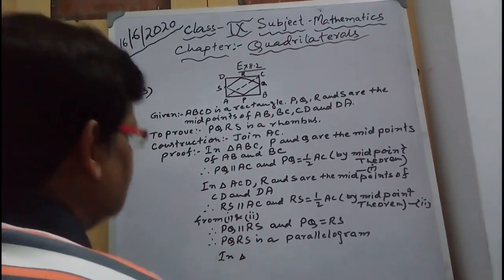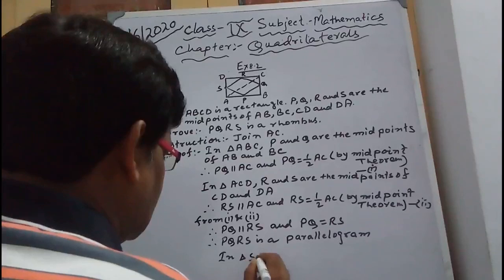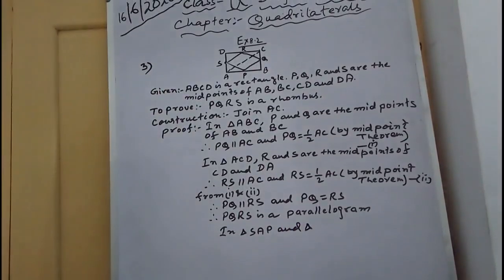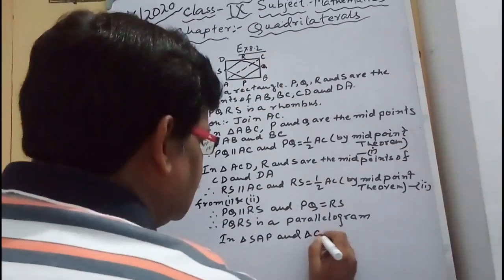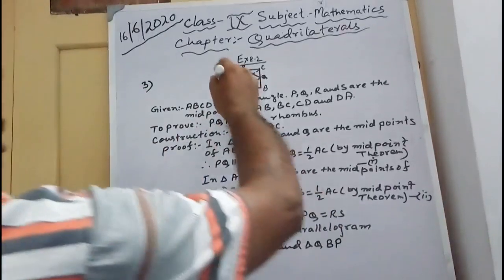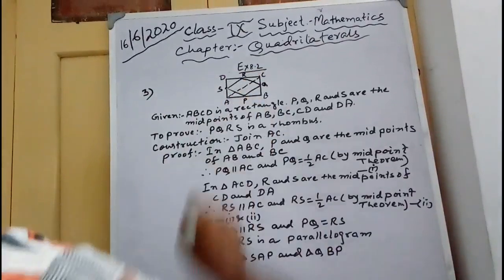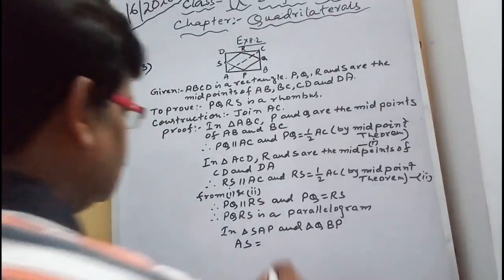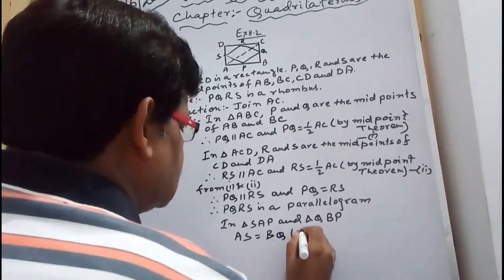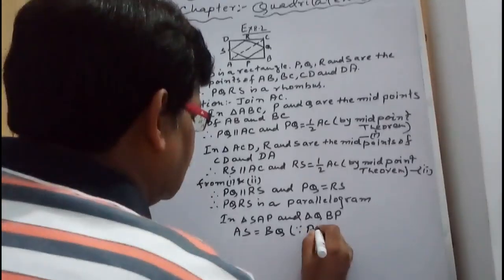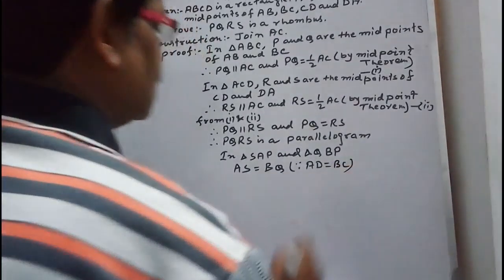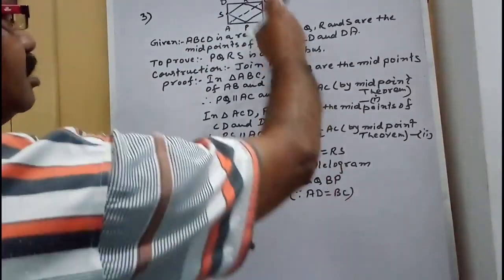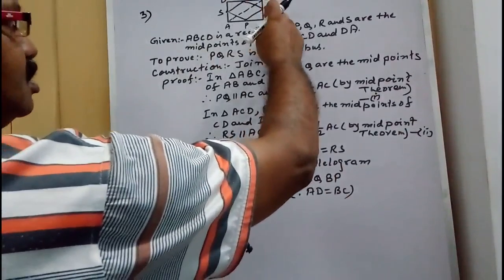Now in triangle SAP and triangle QBP, AS is equal to BQ, since AD is equal to BC and S and Q are the midpoints of AD and BC. Therefore, AS equal to BQ.